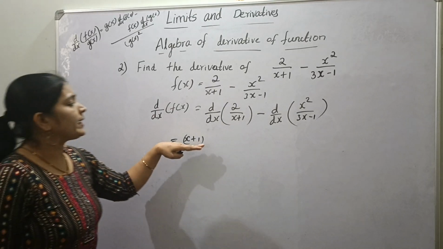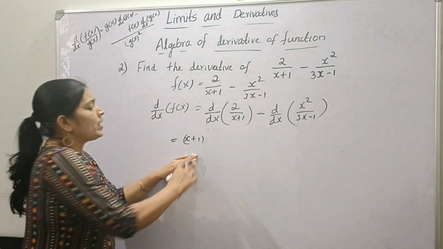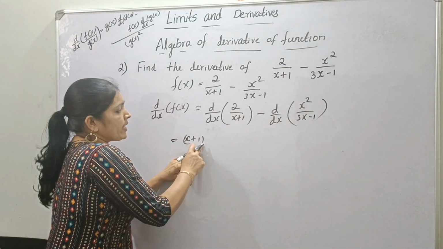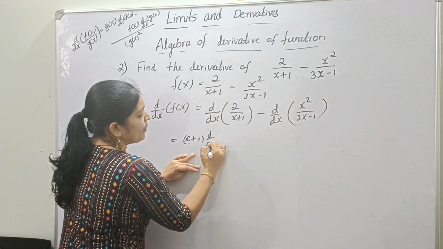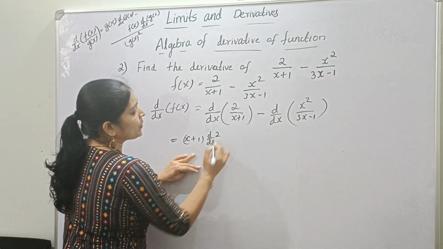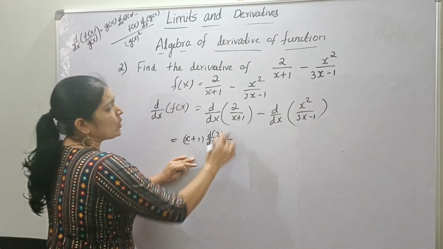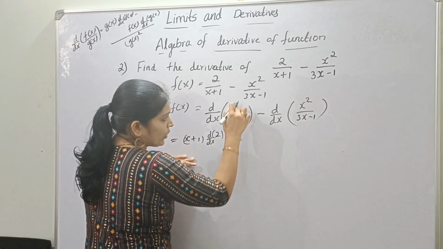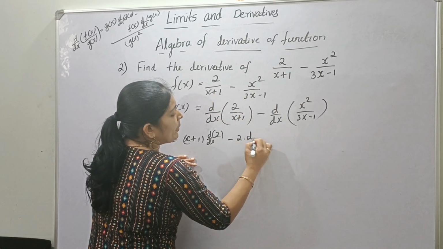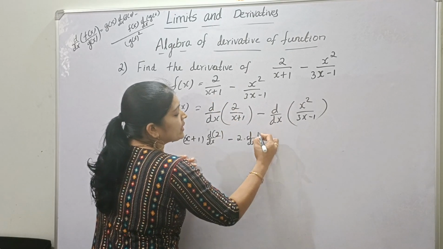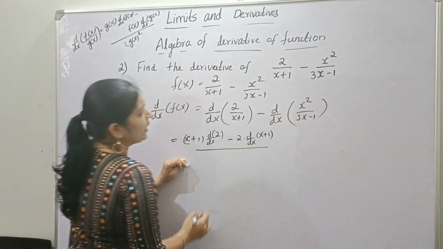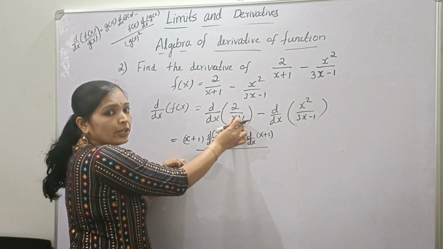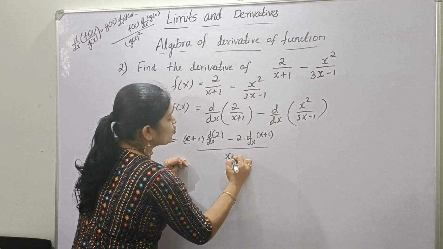So here also let us apply this quotient rule. Denominator into, that is x plus 1 into derivative of 2, that is d by dx of 2, okay, minus 2 into, that is f of x, okay, numerator, into d by dx of denominator x plus 1, okay, whole divided by square of denominator, that is x plus 1 whole square.